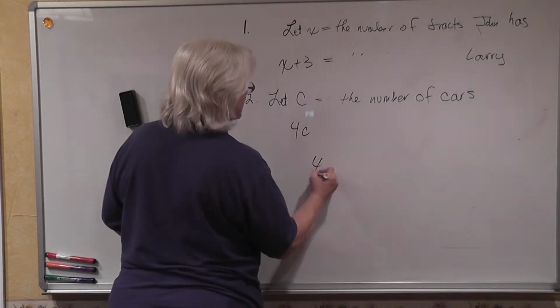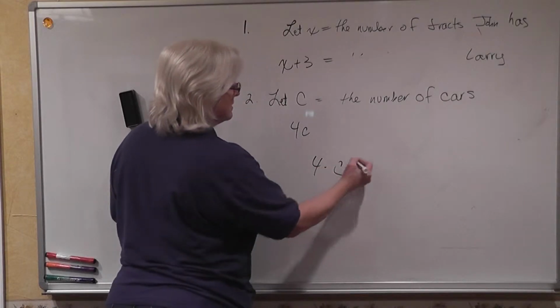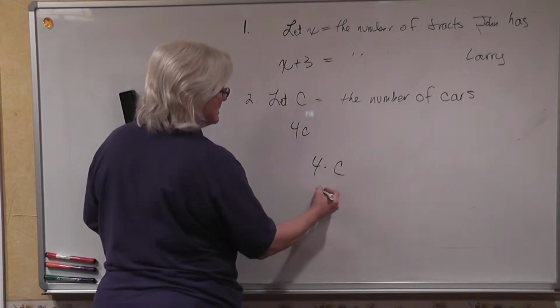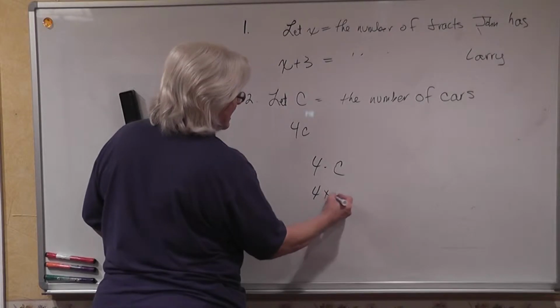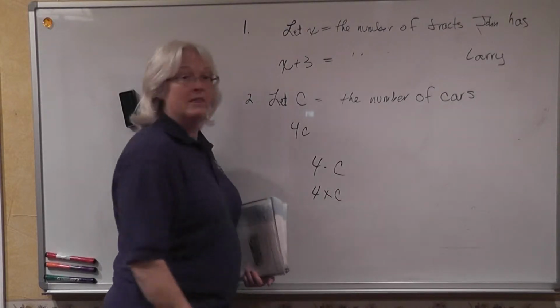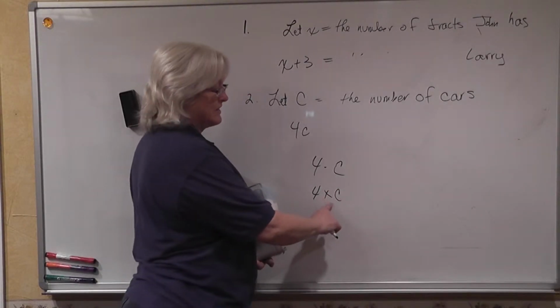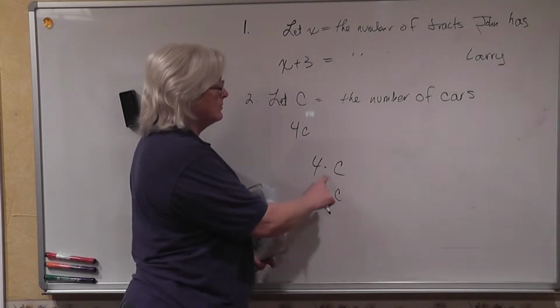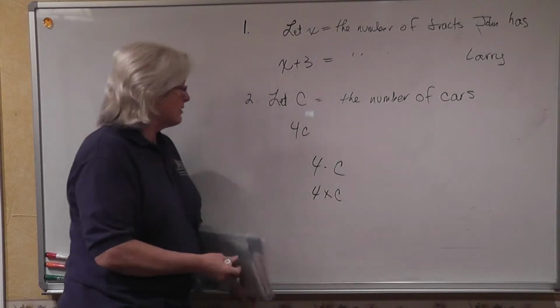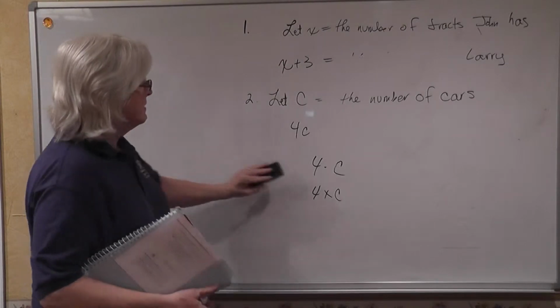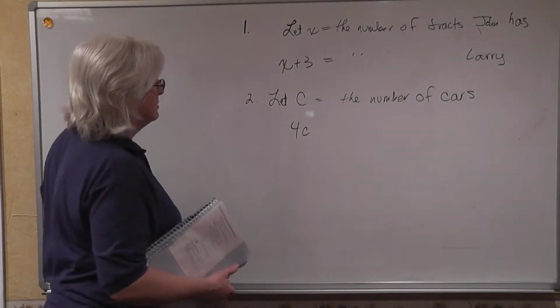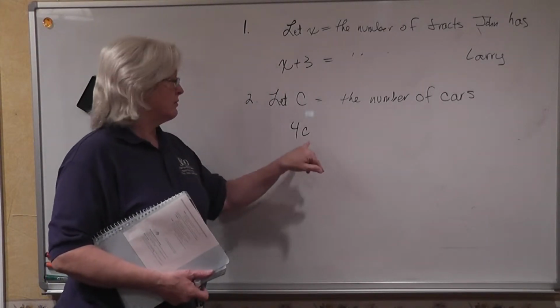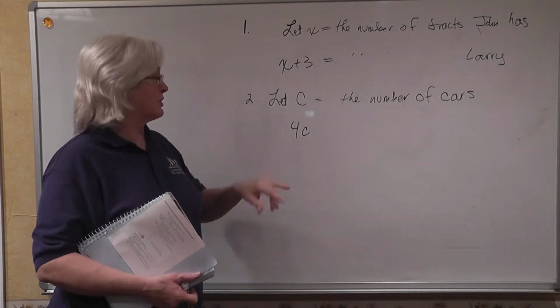Remember we talked in class, even though 4·C means 4 times C and 4xC means 4 times C, that could just as easily be the variable, and it is not necessary to use that raised dot. When you have your coefficient, which is the 4, right up against your variable, that just means 4 times.